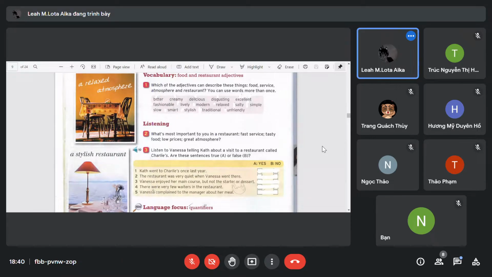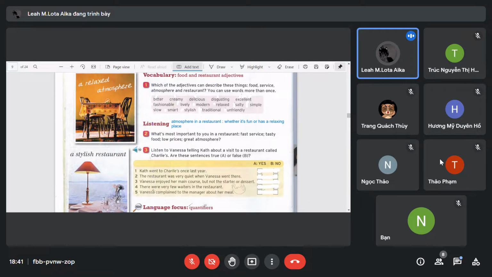I will give an example for the word. When it comes to atmosphere, talking about restaurants, it usually pertains to whether the place is fun, or whether that restaurant has a relaxing aura or atmosphere.